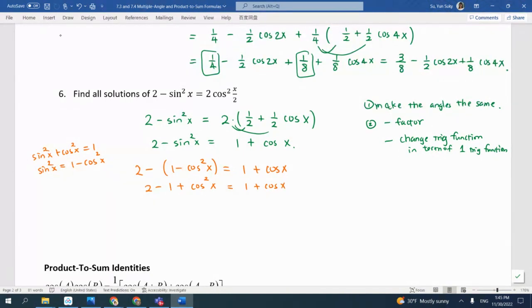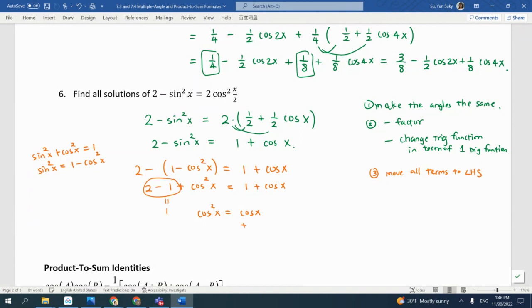Do you see 2 minus 1 is 1? And you can subtract 1 on both sides. You get cosine x squared is cosine x. Now, move all terms to the left-hand side.